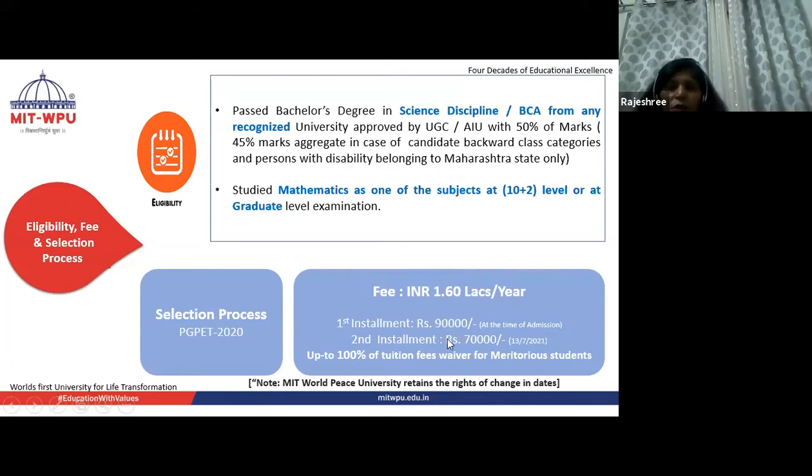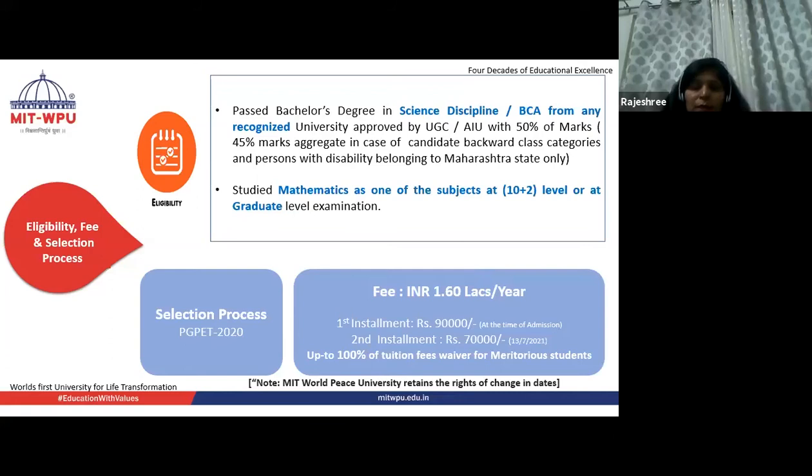You can see all this information in detail on our website. We can also provide up to 100% tuition fee waiver for meritorious students. This is also a plus point. If you are in the merit list and a meritorious student, definitely up to 100% tuition fee waiver is given.